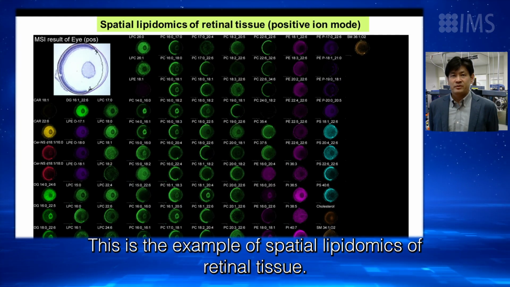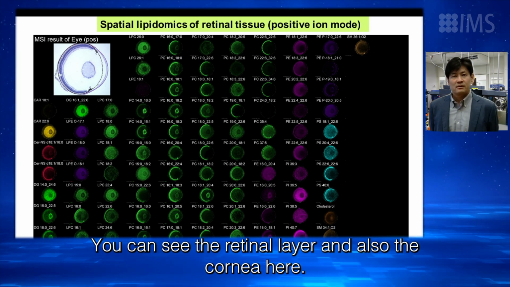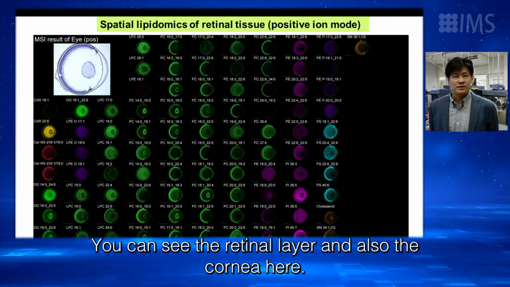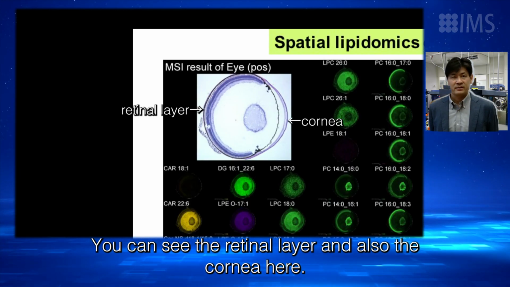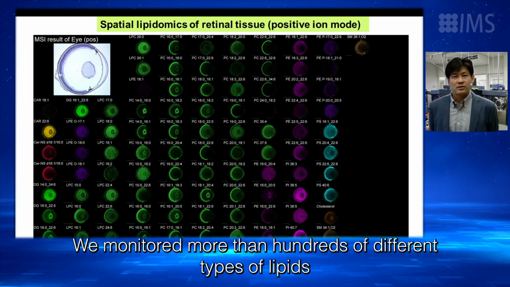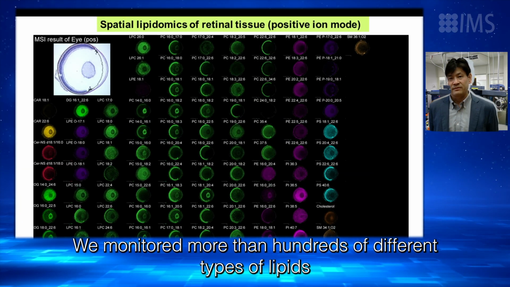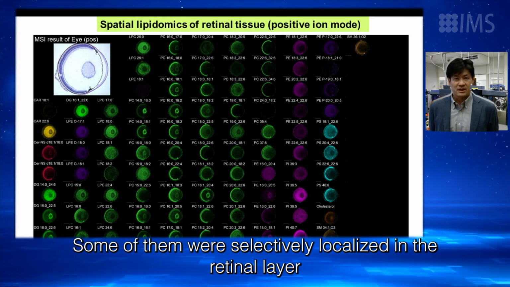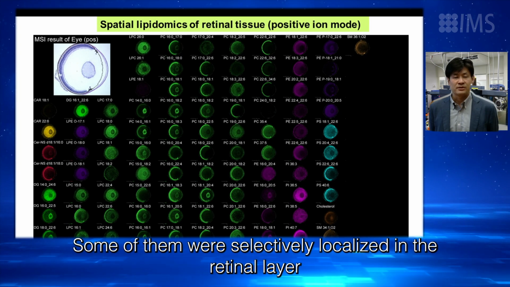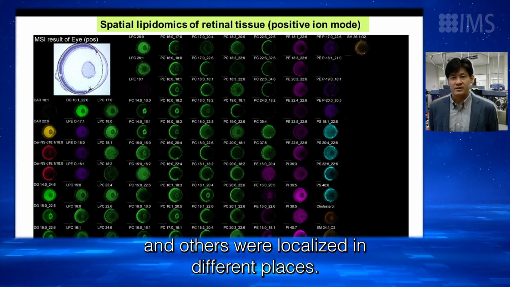This is an example of spatial lipidomics of retinal tissue. As you can see here, you can see retinal layers and also a cornea. We monitored hundreds of different types of lipids in positive ion mode, and some of them are selectively localized in a retinal layer, and others are localized in different places.